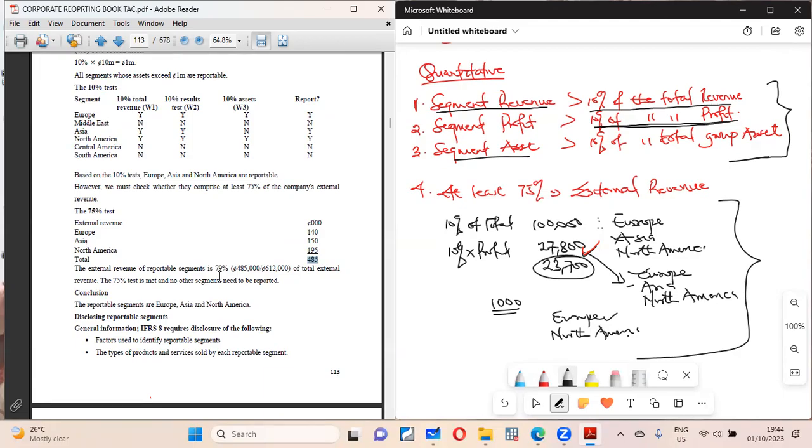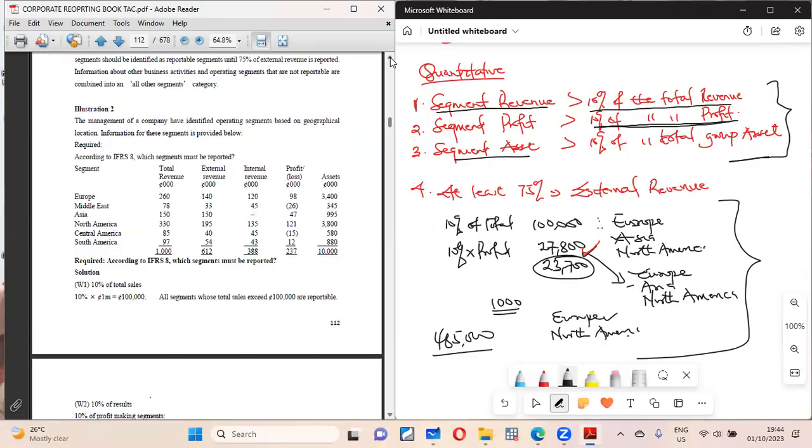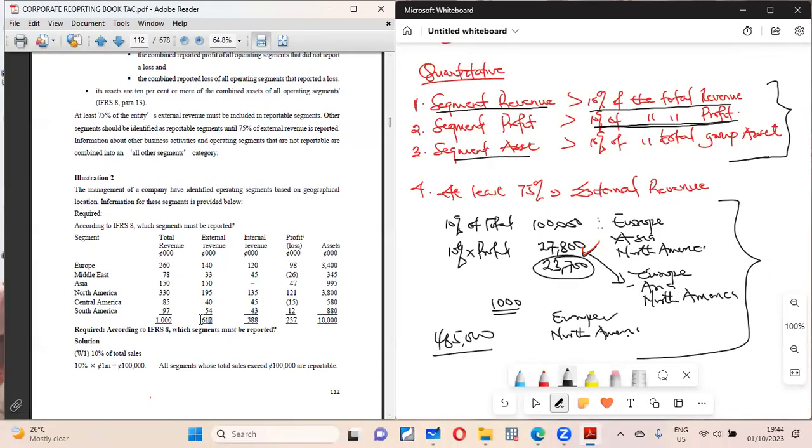Now, what we are saying is, how much is this 485 out of? We need at least 75%. So when we combine these, we have 485,000. But what is the total external revenue? 612.